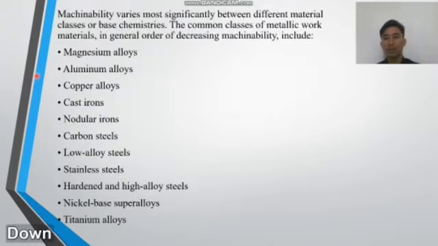Next, machinability varies most significantly between different material classes or base chemistries. The common classes of metallic work materials in general order of decreasing machinability include magnesium alloys, aluminum alloys, copper alloys, cast irons, nodular irons, carbon steels, low alloy steels, stainless steel, hardened and high alloy steels, nickel-based superalloys, titanium alloys.